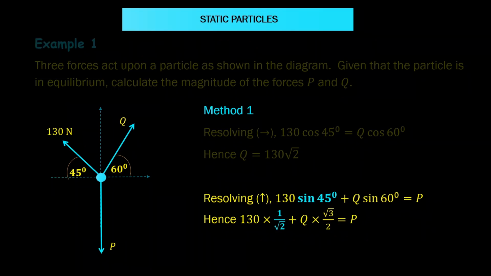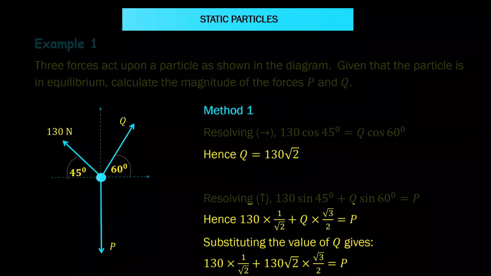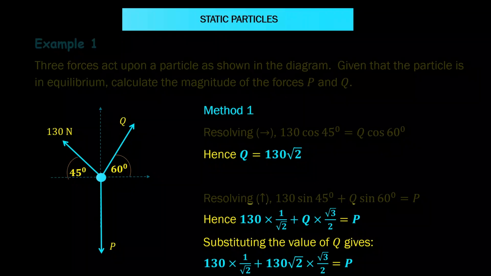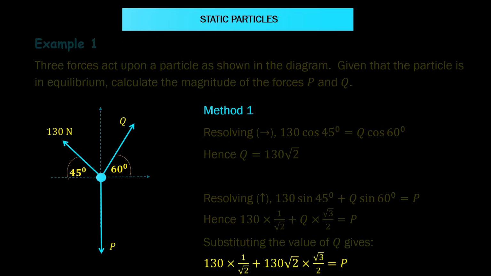So we have sine 45 degrees here, and sine 60 degrees here, and we have this equation. Now we can plug in the value for Q, as shown, and then tidy up to give this expression for P.